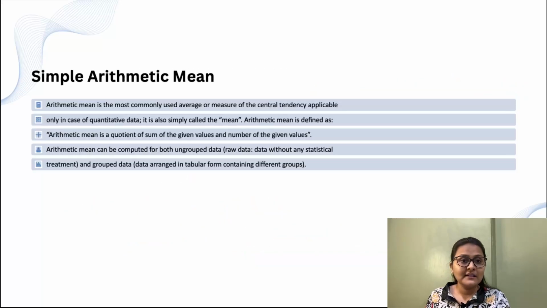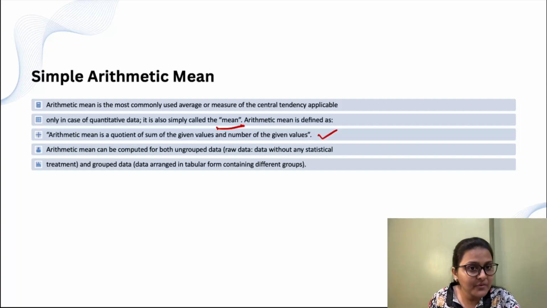Now here are the features of simple arithmetic mean. Arithmetic mean is the most commonly used average or measure of the central tendency. This is even known as mean, and the definition of mean is provided over here.